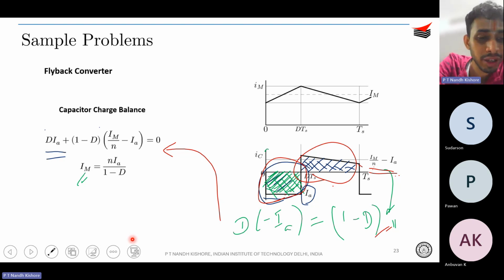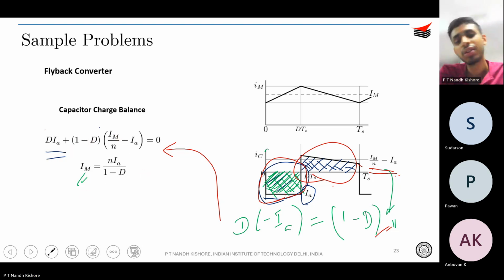Okay, so what was the point? The point is Im, you derive it as n into Ia by 1 minus D, right? This is your average value of your magnetizing current. And of course, this Im is a DC quantity, correct?